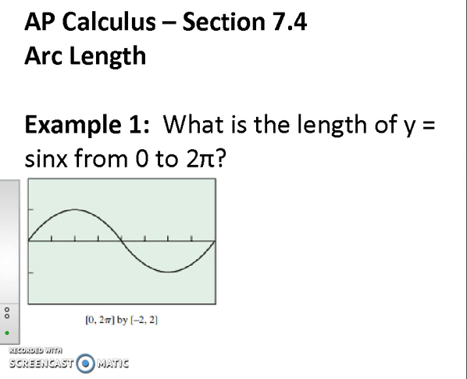So what we could do is divide our interval from 0 to 2 pi into tiny subintervals, find the length of each of those tiny little subintervals using the concept of a tangent line and local linearity, and then add those lengths together. But again, that's not 100% accurate because it's like with the Riemann sums.